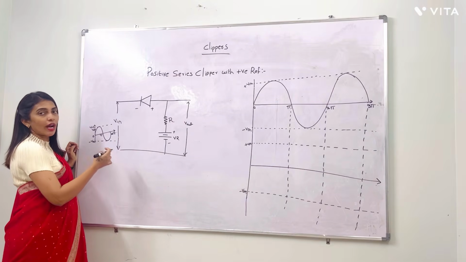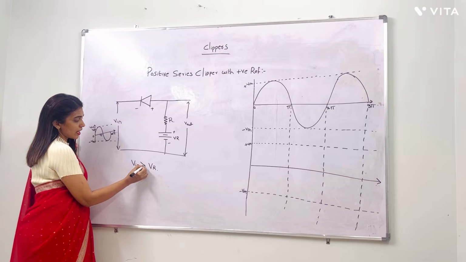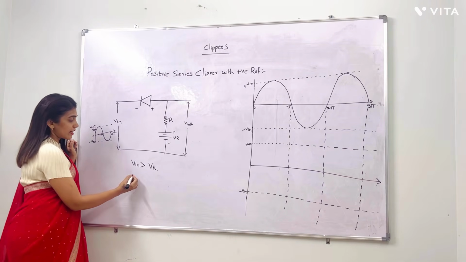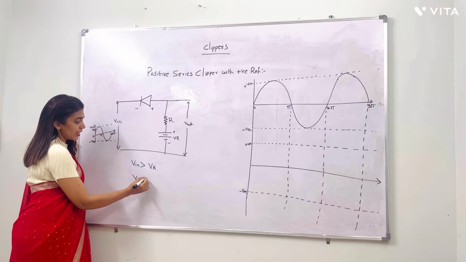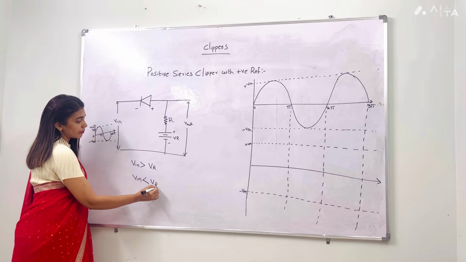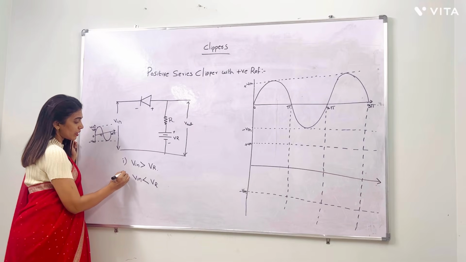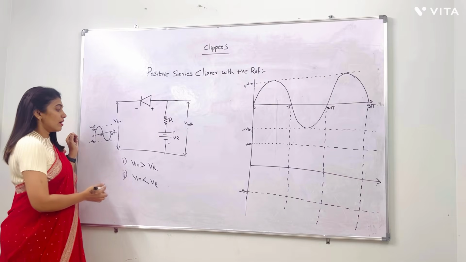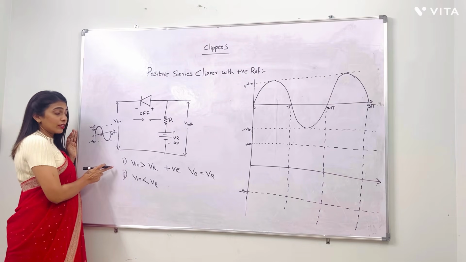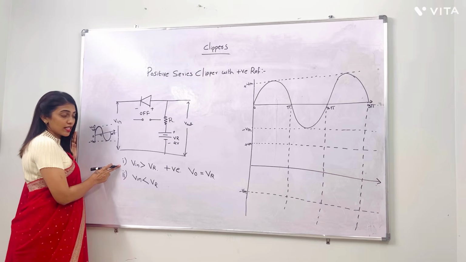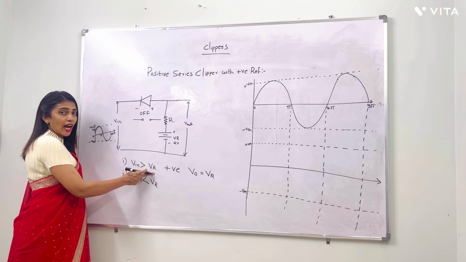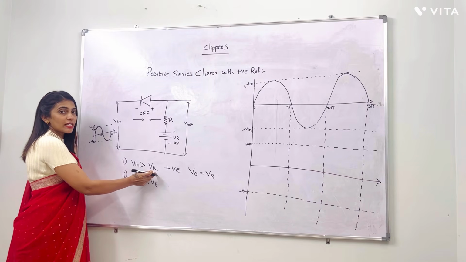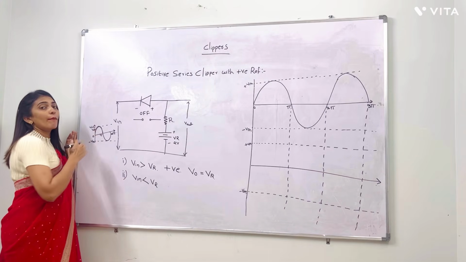We have to take two conditions. The first condition is Vin greater than Vr, and the second condition is Vin less than Vr. You have to remember these two conditions in all types of clippers. First condition, Vin greater than Vr, means the input voltage is above the reference voltage, which means the input is at a positive peak.